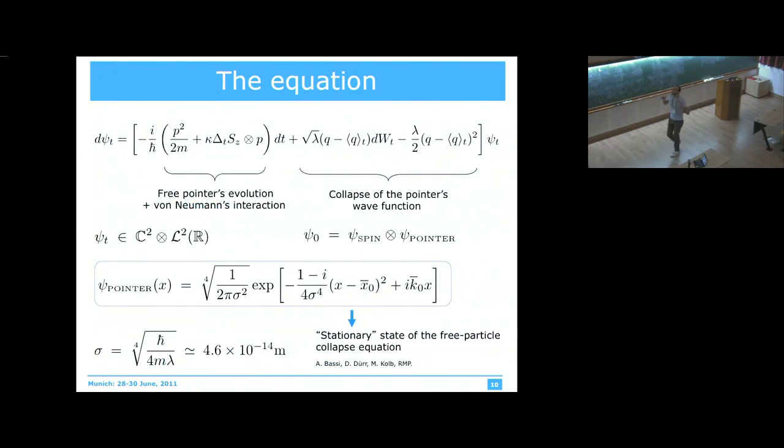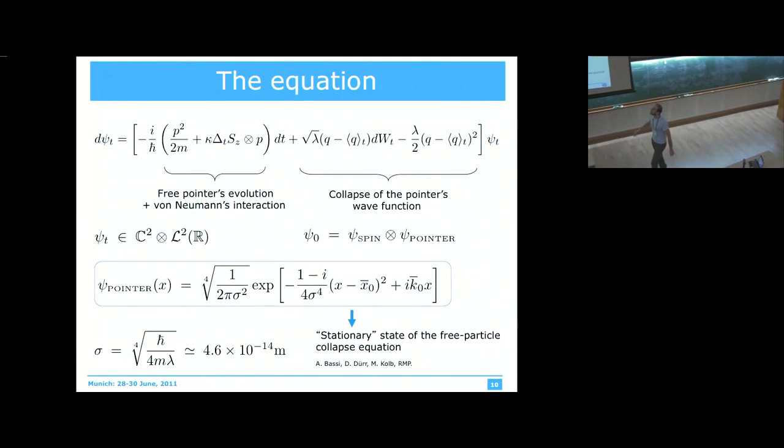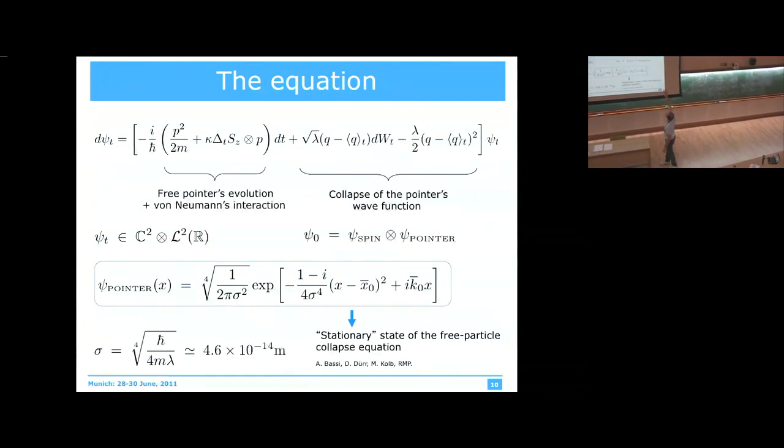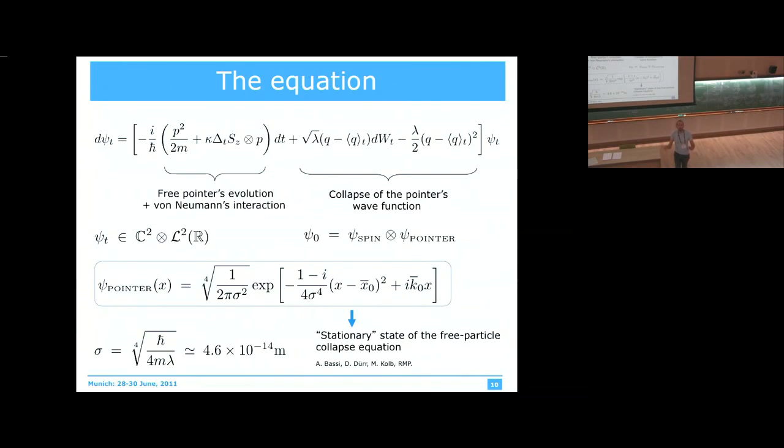Then I have to derive everything from the equation. And this is the Diosi equation applied to our system. You see that there is the free pointer evolution plus the von Neumann interaction. And then there is the collapse for the pointer wave function. The spin state doesn't collapse, only the position collapses, so our spin particle never sees the collapse.